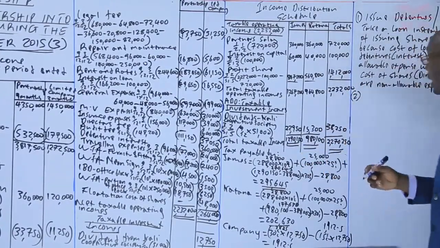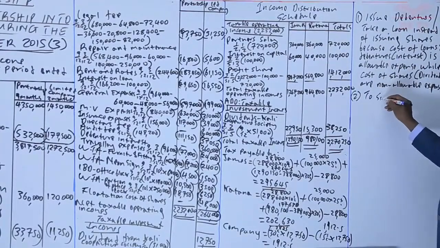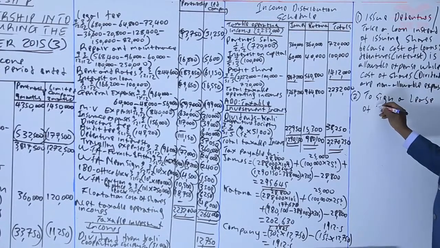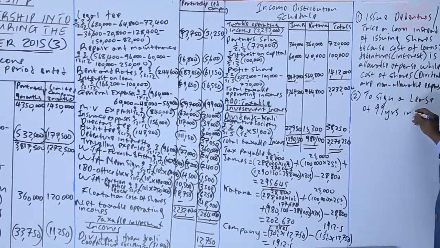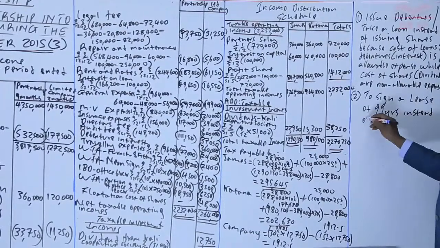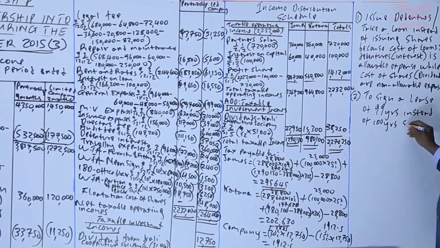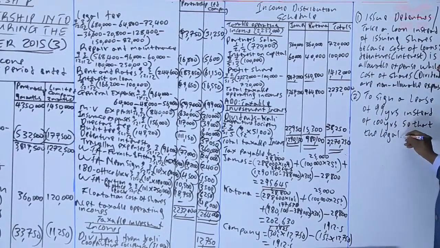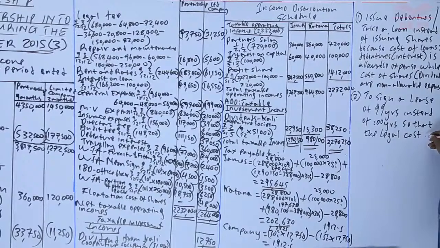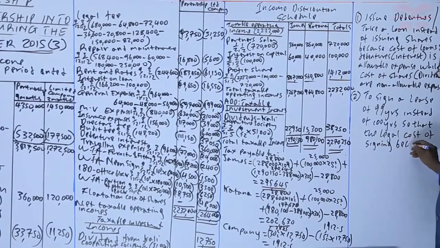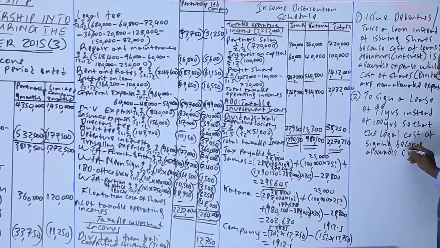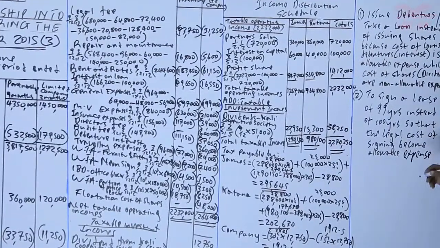So the best option they could have taken is to sign a lease of 99 years instead of 100 years, so that the legal cost of signing becomes an allowable expense. So that is what we had said.